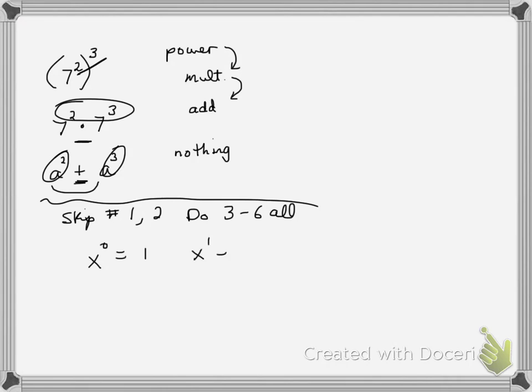Anything to the first power is whatever you began with, like 7 to the first power is 7. Recall that a negative exponent is the same as putting it in the denominator with a positive exponent. By the same token, if you had a negative exponent in the denominator, that's the same as putting it in the numerator with the positive exponent.